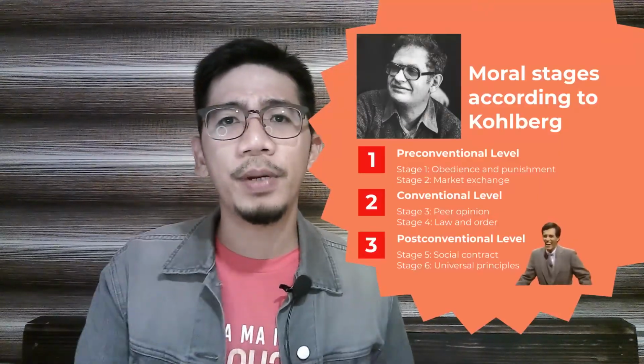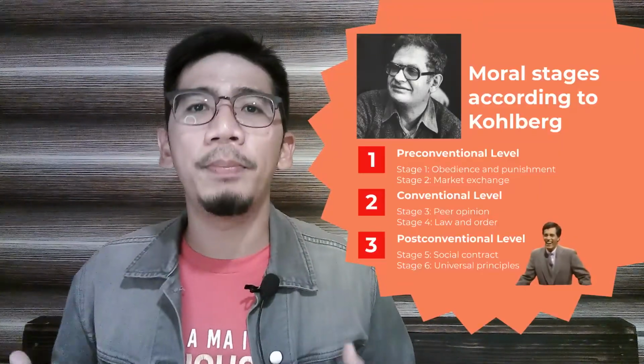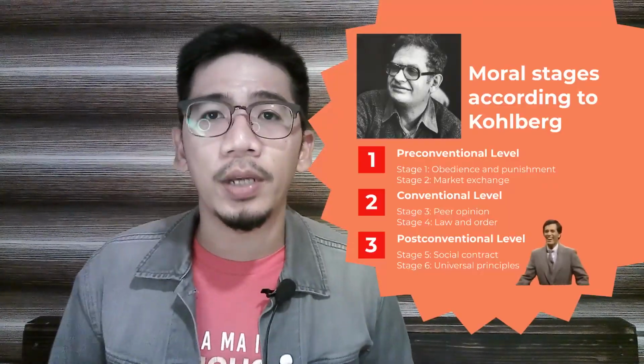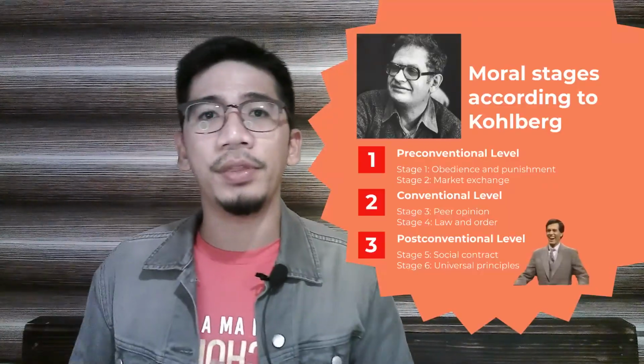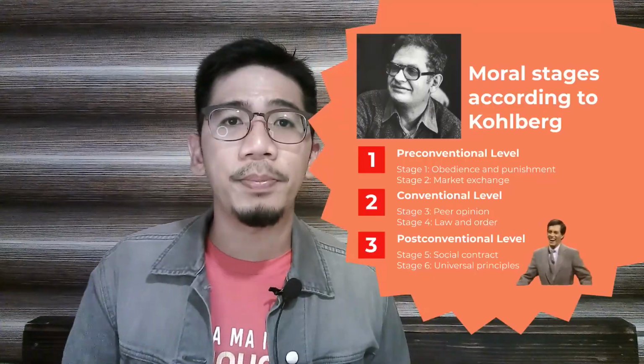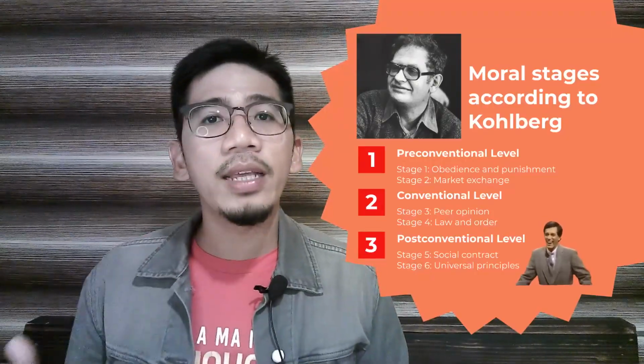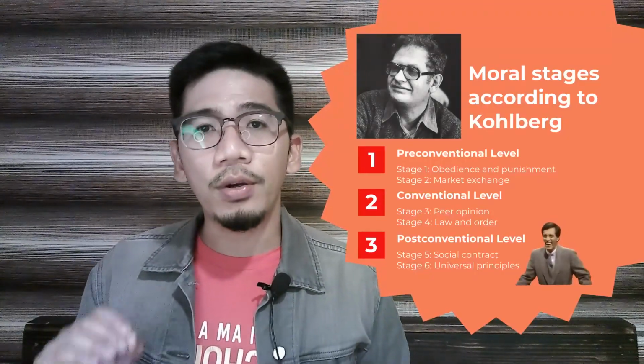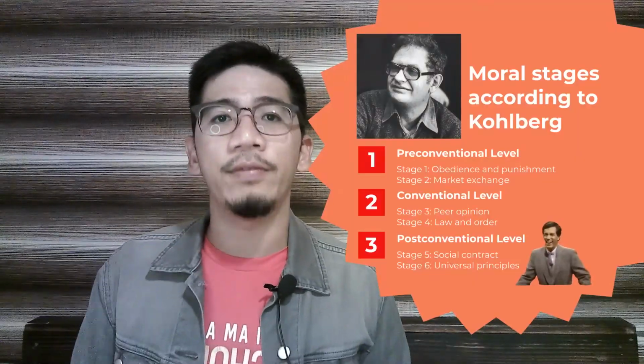The universal principles may include a belief in democratic due process, which is stage 5 ethics, but also other principles such as a belief in the dignity of all human life or the sacredness of the natural environment.